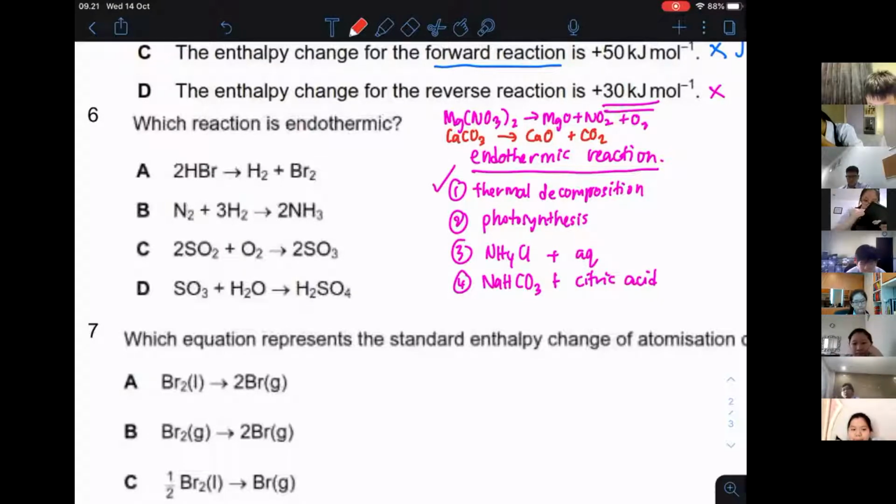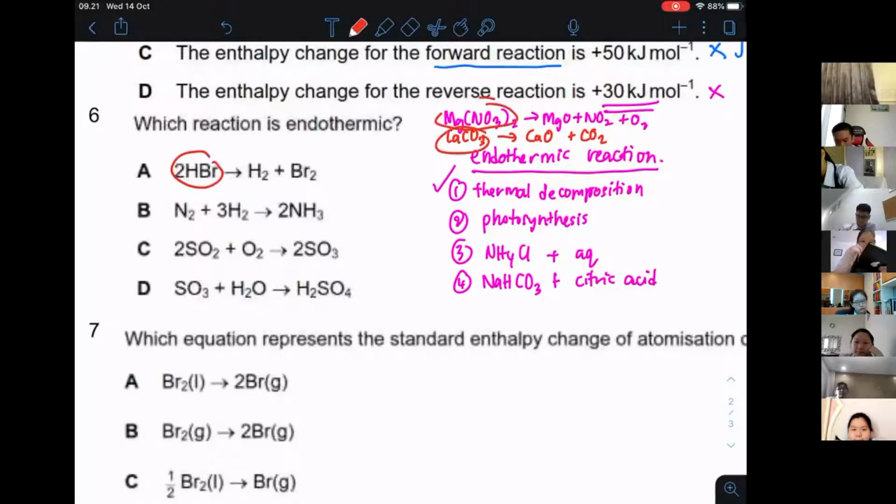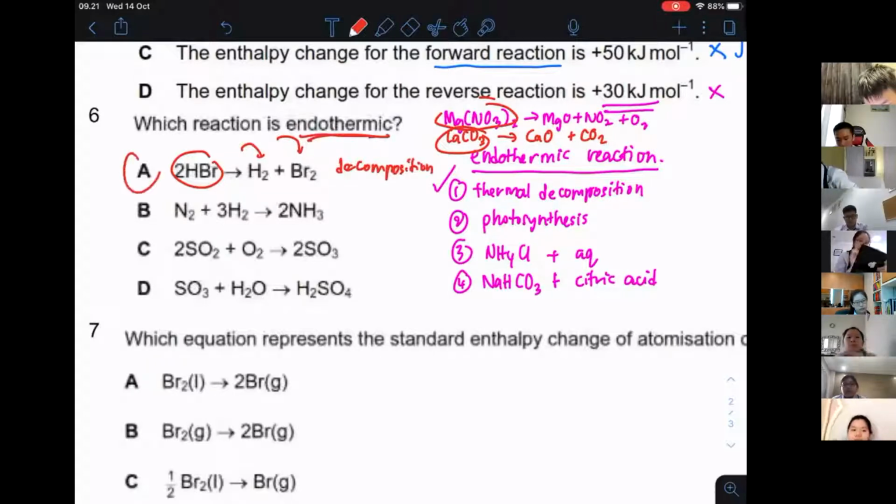Because it's a compound being broken down to its elements. Yes, you can see the same thing, the compound is broken down into something else. Not necessarily elements, but it can be broken down into smaller parts. So this is an example of a decomposition reaction. If you understand this, that's the answer.